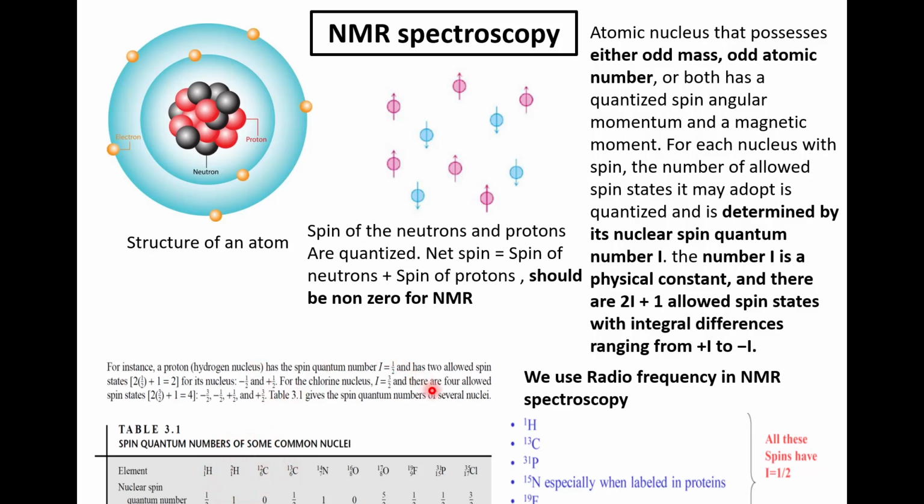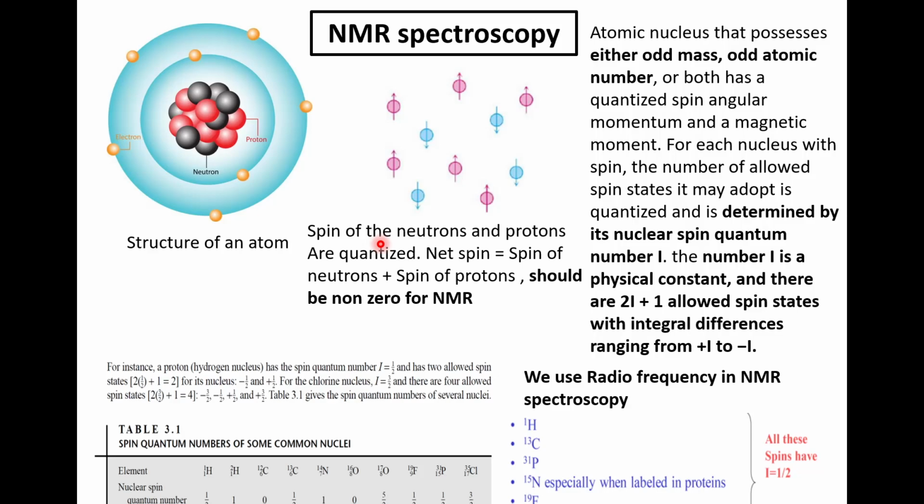But now if you calculate for carbon-12, that is the carbon 12 that we find in nature or in our body, of which your amino acids are made up. Both its mass number and atomic number are even, 12 is even and 6 is also even. So the spins will cancel out one another, and you will get a net nuclear spin quantum number of 0 for carbon-12.